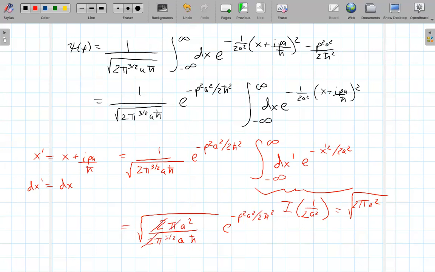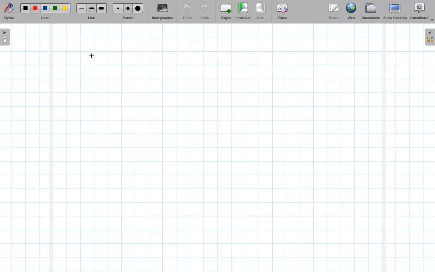This pi is going to cancel this to make that a square root. This a cancels this a. So after all is said and done, we get the momentum space Gaussian equal to the square root of a divided by the square root of pi times h bar, e to the minus p squared a squared divided by 2 h bar squared. Whew. That was a lot.